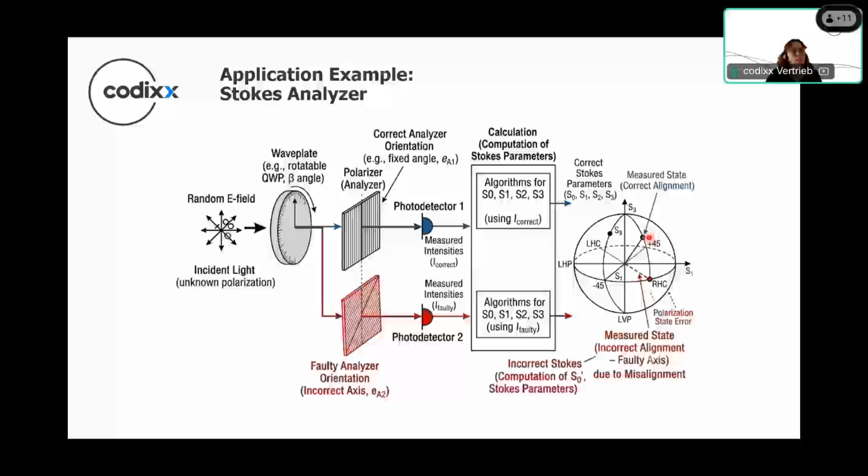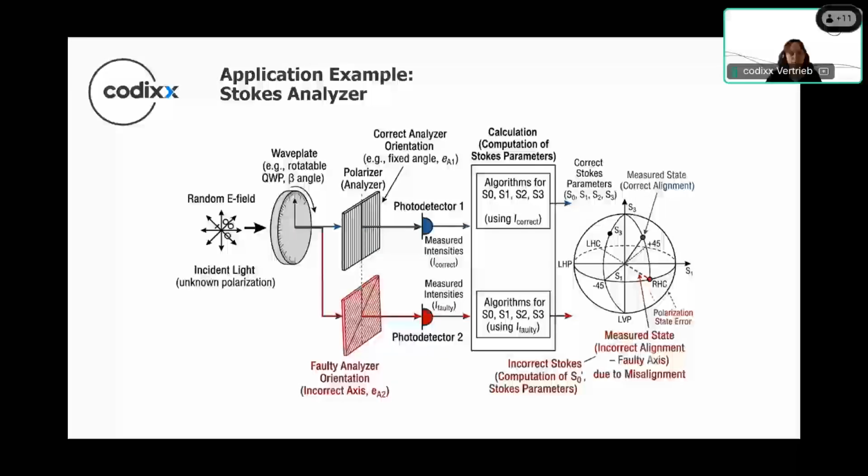If you have a polarizer with a faulty orientation, the system for the calculation assumes different parameters, which results in a different point. So basically, if the analyzer angle in the mathematical reconstruction model is assumed to be at 0, but the real filter is actually at 0.8, this leads to a faulty projection on the Poincaré sphere. And this results in a systematic error.